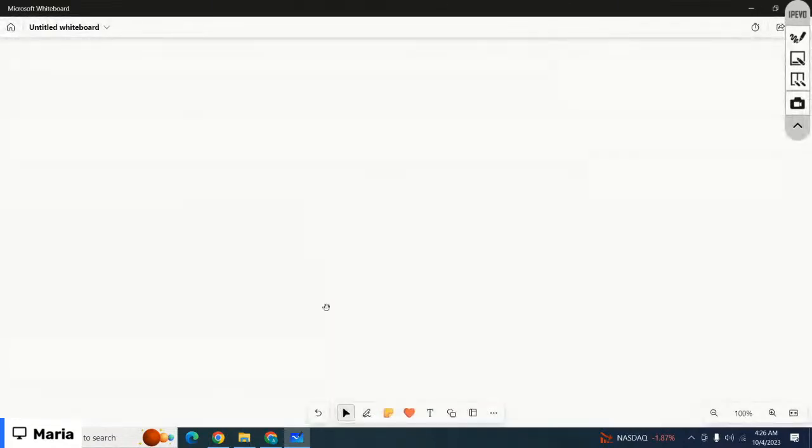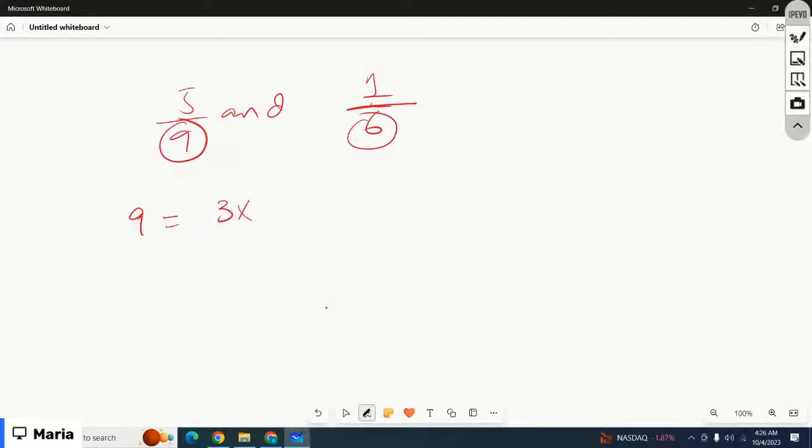Okay, let's just do another example. What is the least common denominator of 5 over 9 and 1 over 6? So the denominators are 9 and 6, right? Let's write down their prime factors. The prime factors for 9 are 3 times 3.